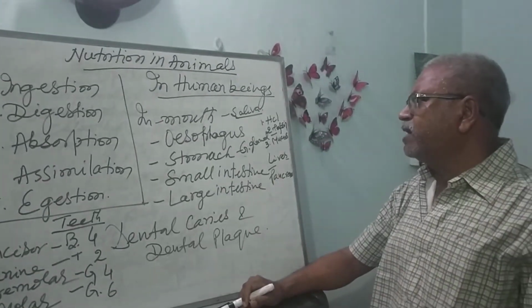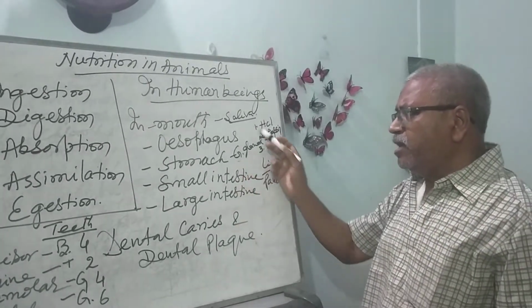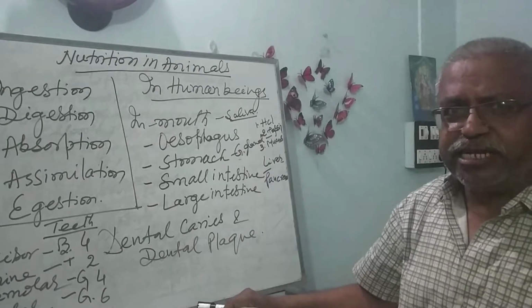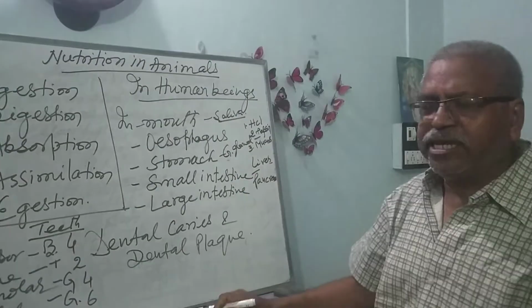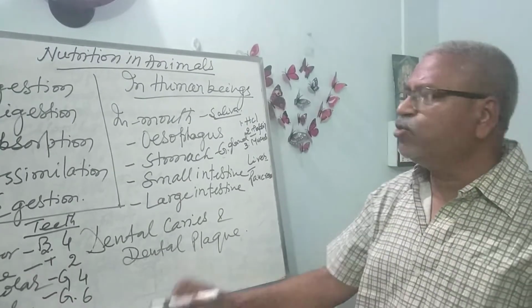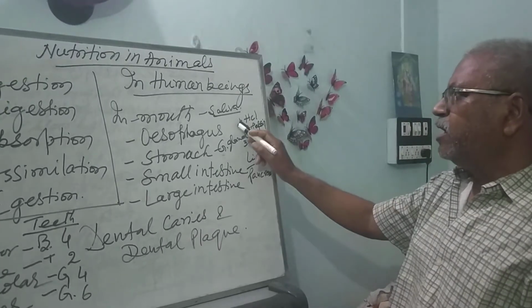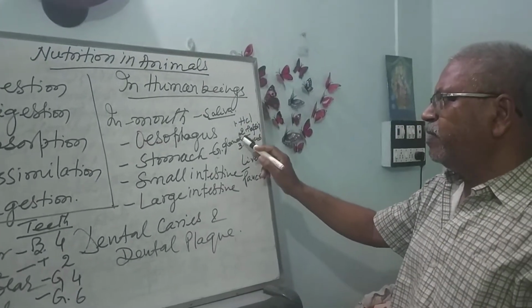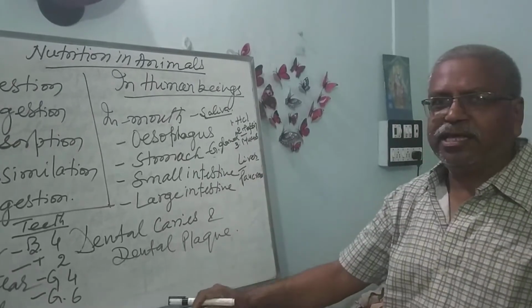Inside the stomach, the gastric glands present in the wall secrete gastric juice. The gastric juice contains three materials: HCl, pepsin and mucus.